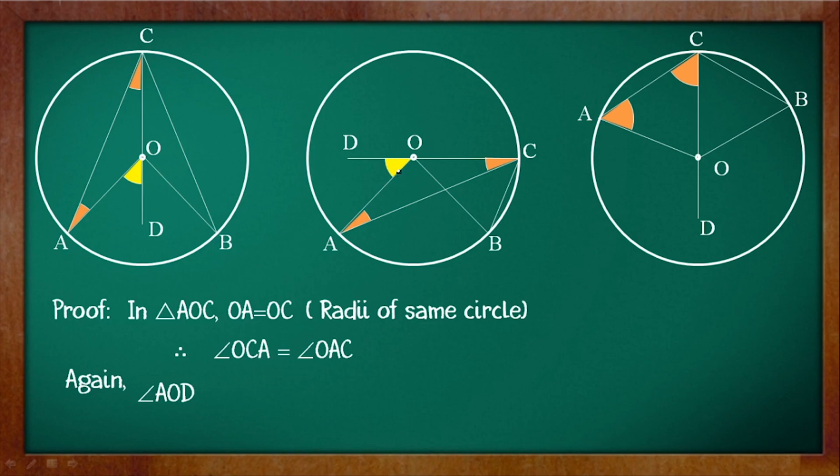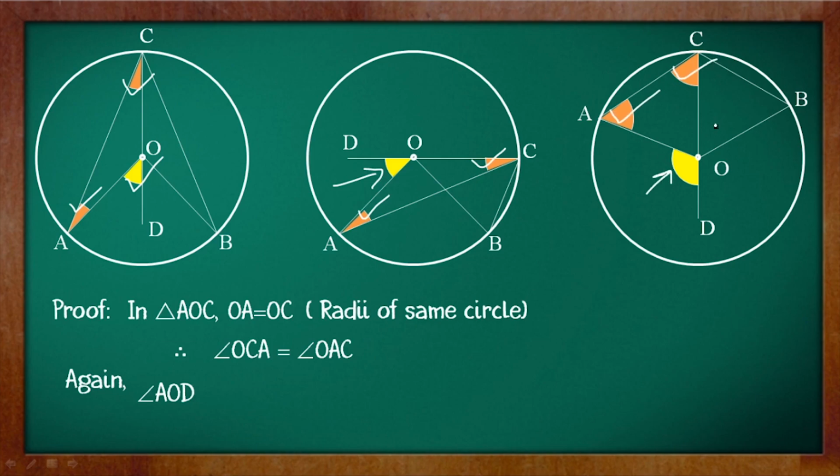So here also this is the external angle, this is angle AOD. From the second result that we know, the external angle is equal to the sum of the opposite interior angles. So this angle will be equal to the sum of this angle and this angle. Here also the same case, and here also.